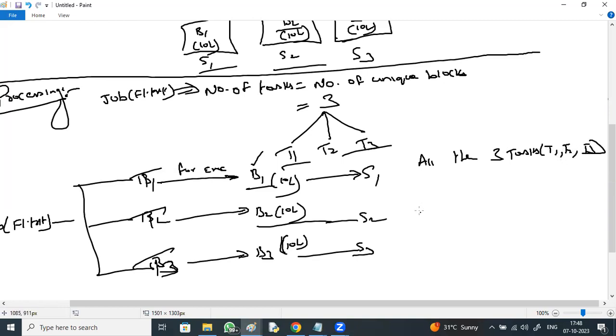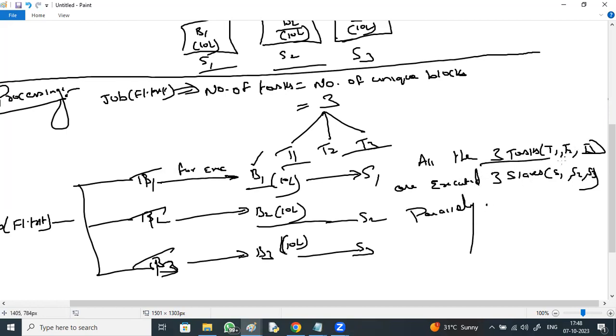So all the 3 tasks T1, T2, T3 are executed by the 3 slaves S1, S2, and S3 parallelly.